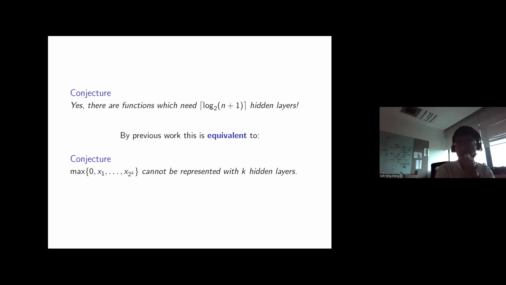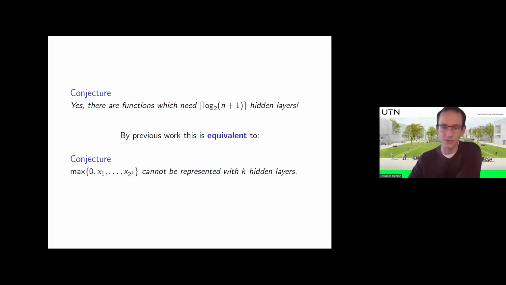Can I ask a question? So you're basically saying that the first conjecture actually reduces to the second conjecture. I don't see how that's obvious. It seems non-trivial. No, it's not obvious. What you need is this representation theorem for continuous piecewise linear functions, which says that every continuous piecewise linear function can be represented as a linear combination of maxima of not too many terms.